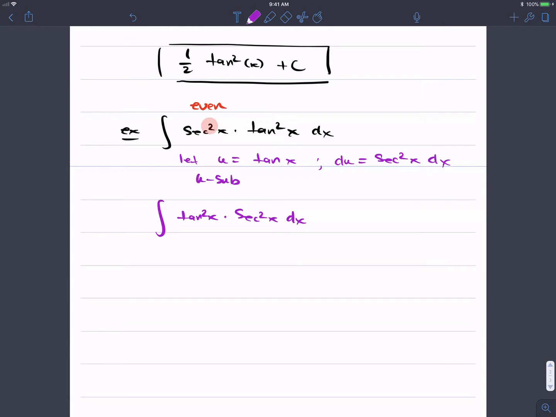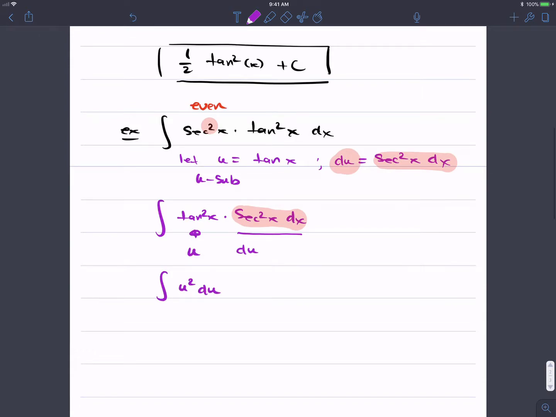When I do my u sub, I'm going to replace tangent with u, and I'm also going to replace this portion here, secant squared x dx, with du, because this is what du is actually equal to. So then your integral is going to become u squared du.